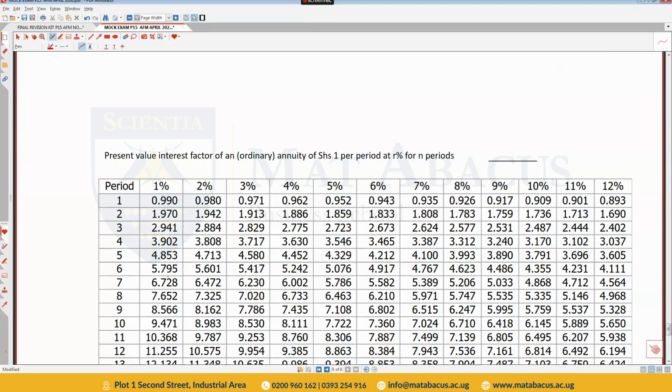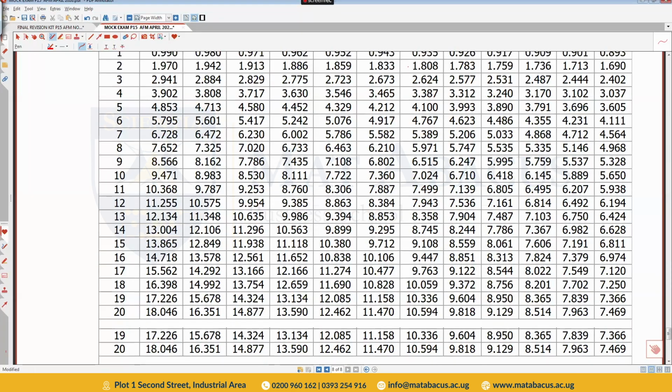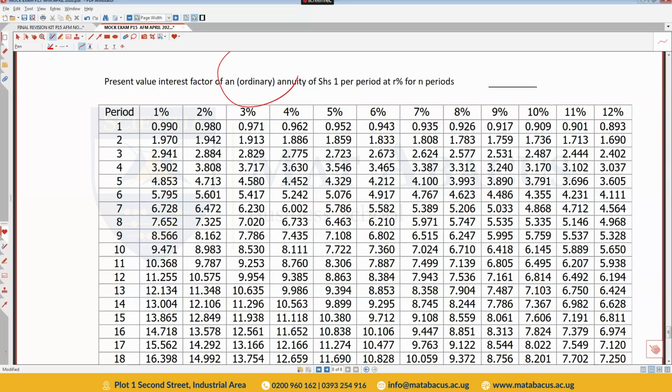So I have to look for the ordinary annuity. We want to look for the discounting factor from 2 years to 5 years. This table is cumulative. The 10% is here. If I do 5 years, the figure for 5 years is this. But I want it from year 2.